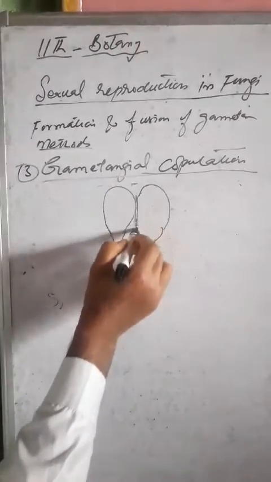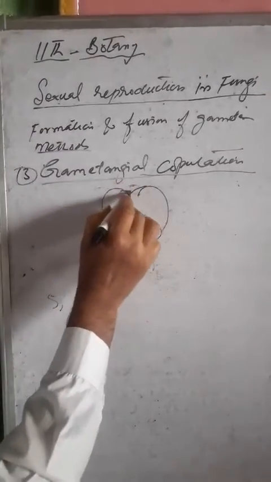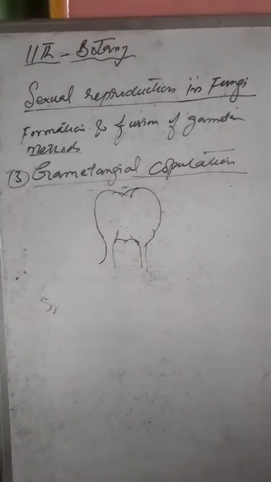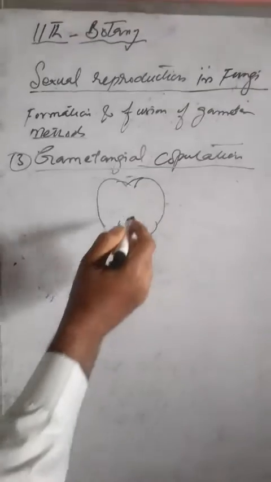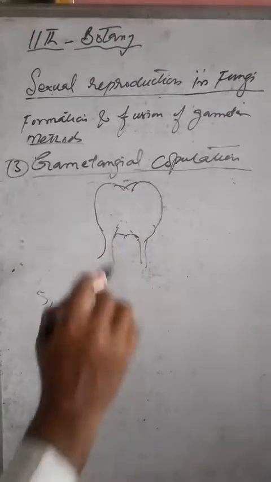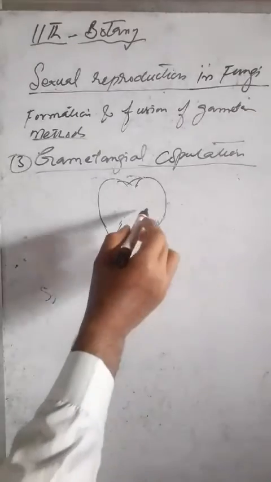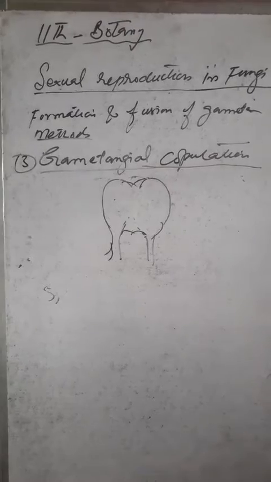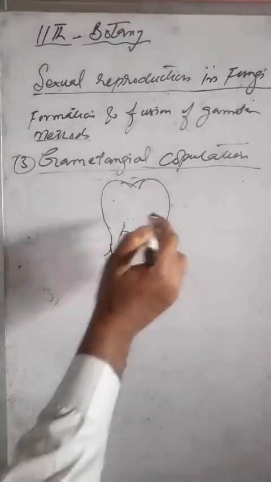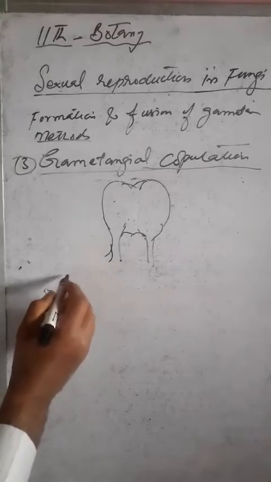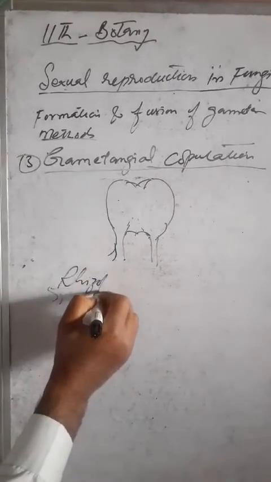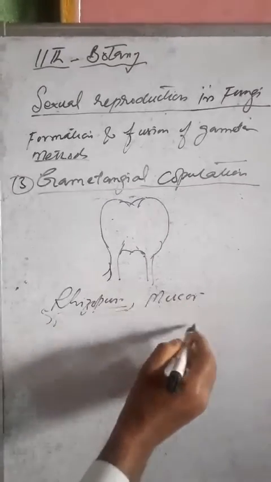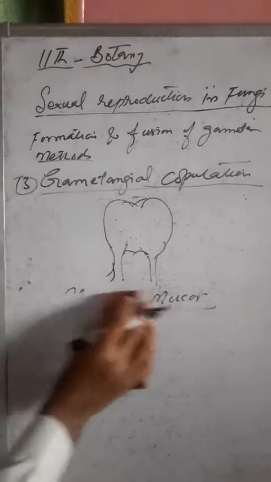The common walls between them get dissolved, and all the contents of both the gametangia fuse, and the two gametangia lose their identity. This is what we call gametangial copulation. It takes place, for example, in Rhizopus or Mucor.